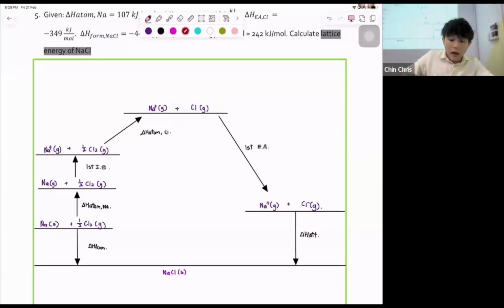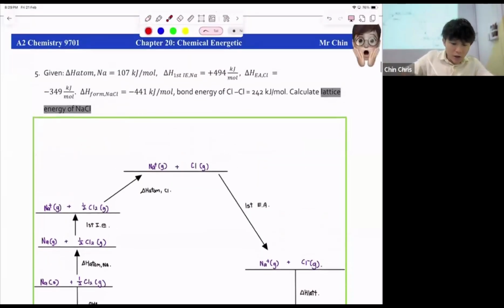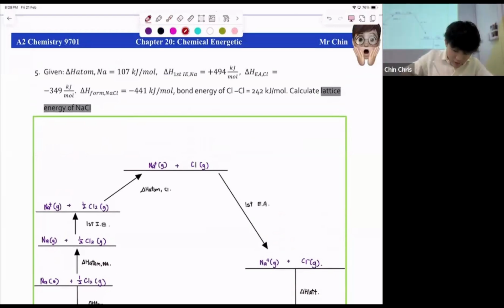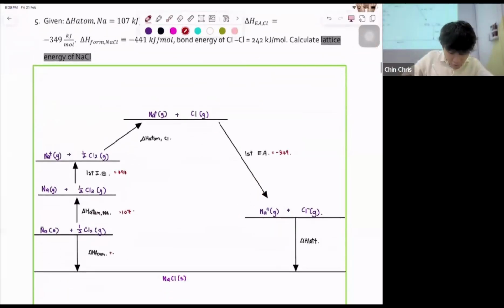All right, guys, now I want you to plug in the values. What is my value? Atomization is 107. Plug it in. First IE is 494. Electron affinity is negative, arrow goes down already, negative 349. Formation of NaCl, negative 441.